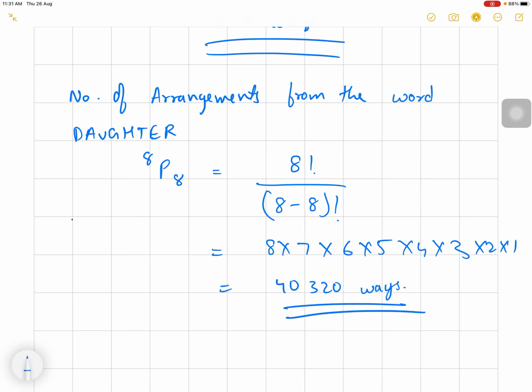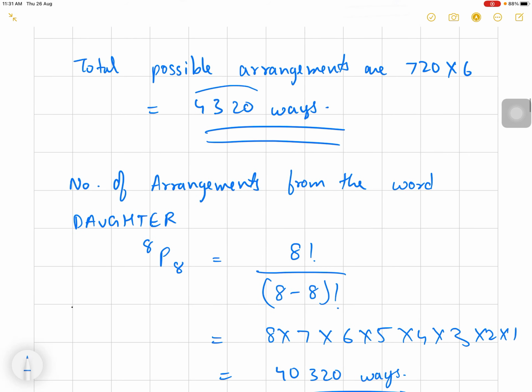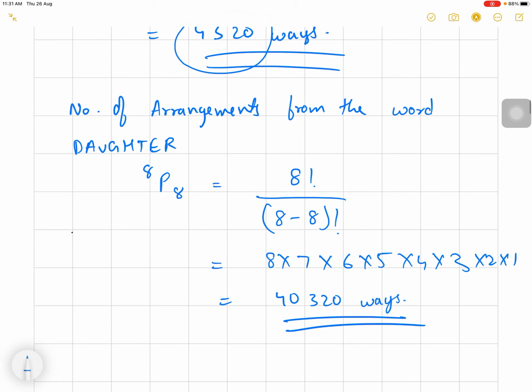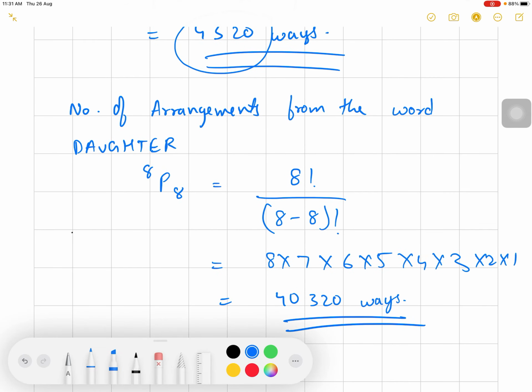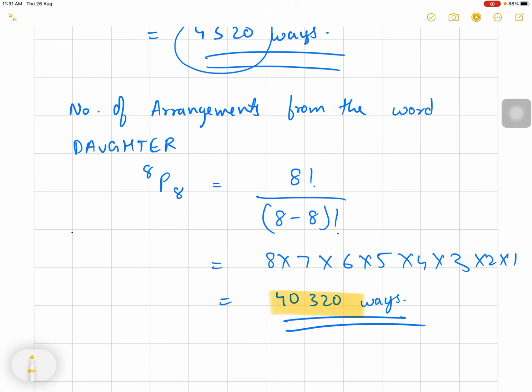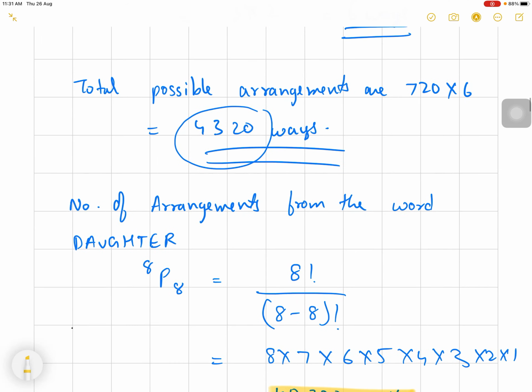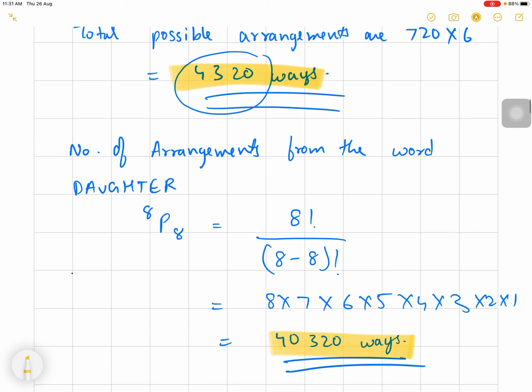Okay. Out of 40,320 ways, 4,320 ways is the number of ways where vowels are always together. So the remaining ways will be where vowels are never together.